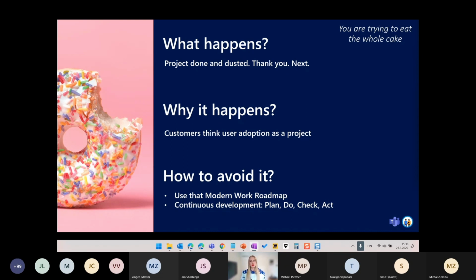But then when the user adoption project ends, and I have left the customer company, they have really not reserved resources, reserved time to continue the user adoption, to continue on with, for example, training the champions or training the new things, new parts that come to the cloud environment. And then things start to deprecate pretty quickly because new people are coming in, old people are leaving, and the employees in the organization change also quite a bit.